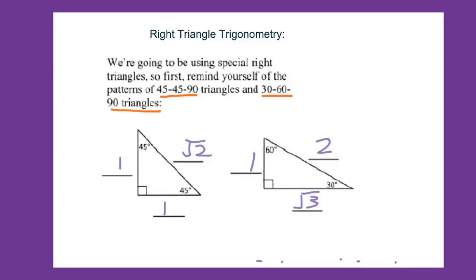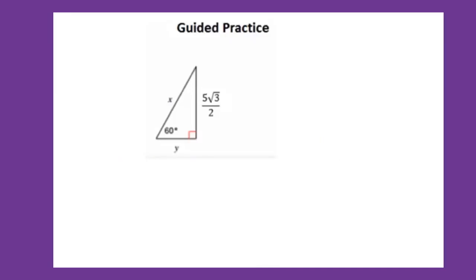Therefore, when you solve for any side of these two special triangles, you can use a ratio to solve for that. For example, this is a special triangle. Therefore, we label each side. The shortest side will be 1, and the hypotenuse side is 2.